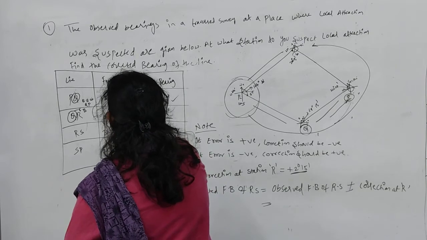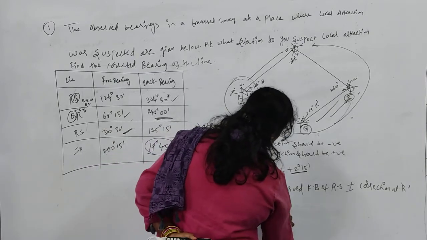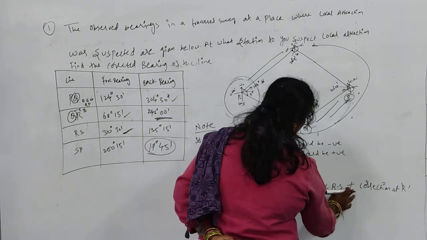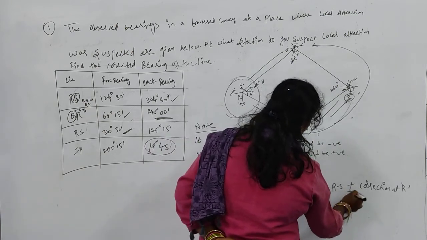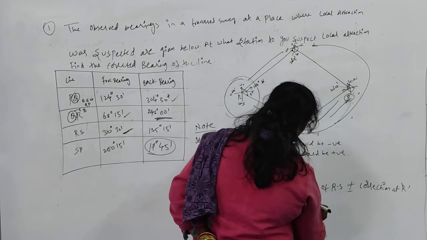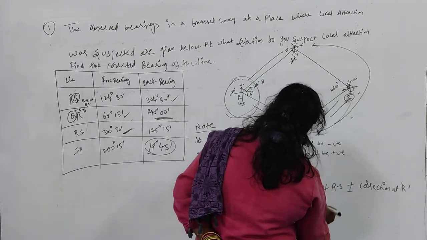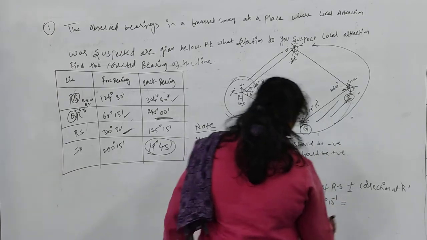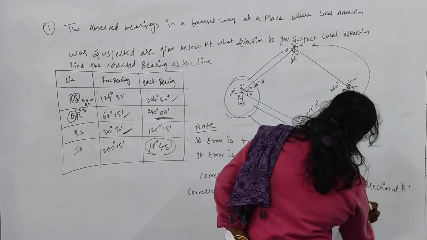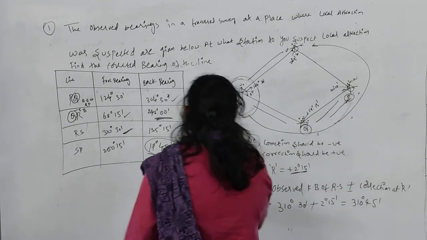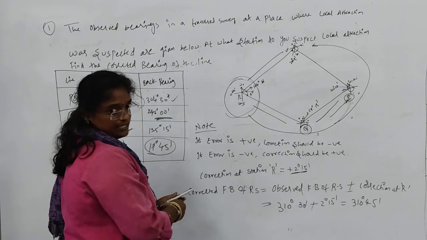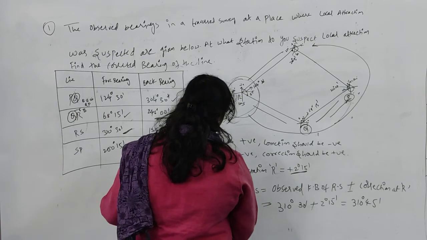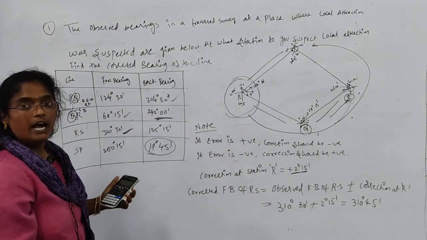It is 310 degrees 30 minutes. As I have already told you, our error was negative and we need to take the correction as positive here, so 2 degrees 15 minutes. What will be the answer? 310 degrees 45 minutes will be your corrected forebearing of RS.